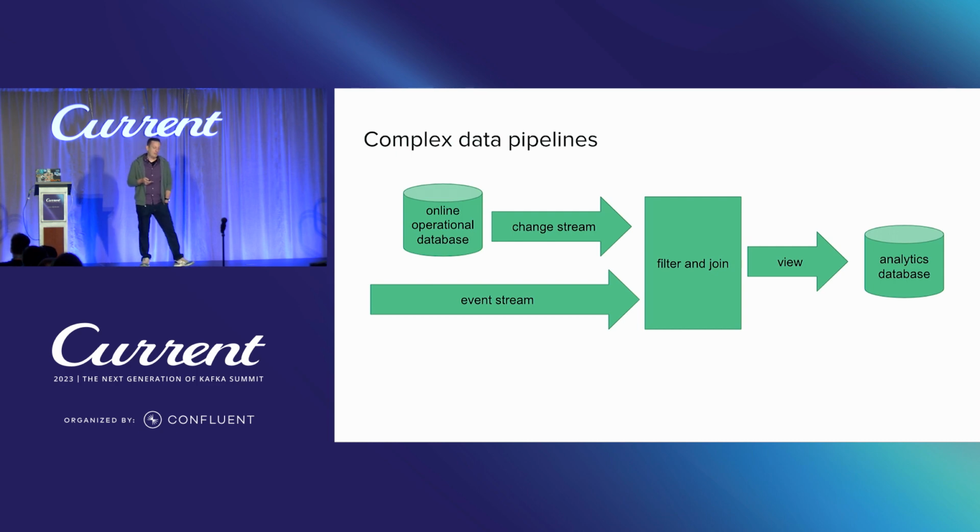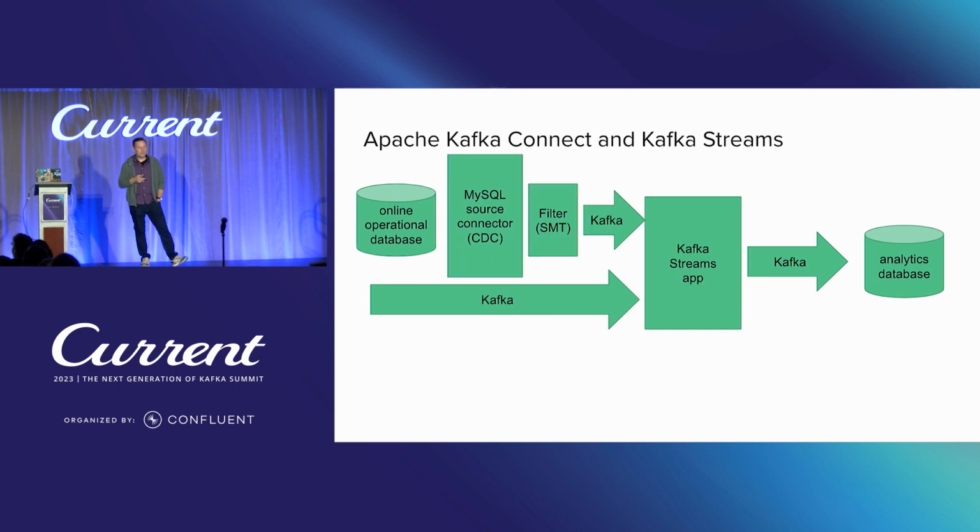Say you have some data in some operational database like MySQL, you're trying to join or filter, do some sort of stream processing across say a change stream and an event stream, and you want to put that into something like Pinot. If you follow the connector approach, you can implement part of this pipeline with Connect.